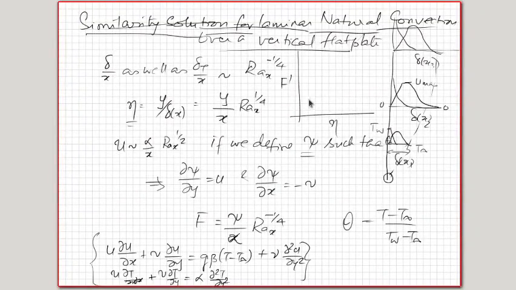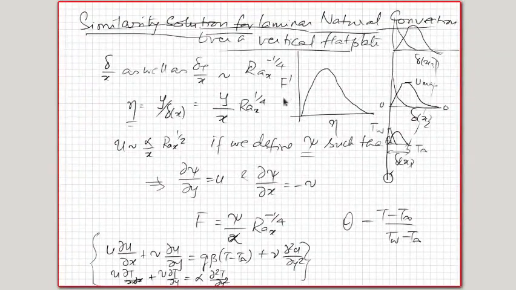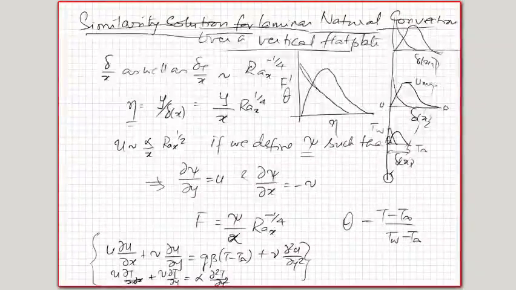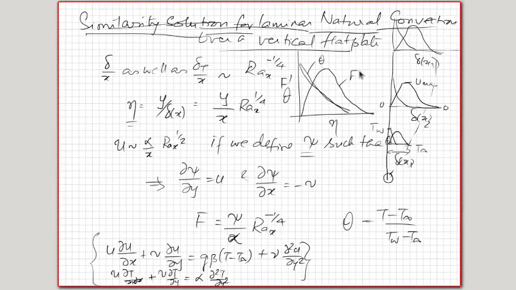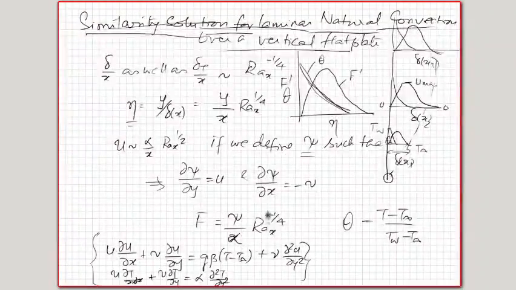So f prime versus eta will give me a velocity profile which goes something like this, and theta versus eta will have a profile which goes something like this. So this is the theta profile, and this is the f prime profile. This is basically what I expect. All of these get scaled on the eta scale, so it will come to this. This is what we mean by the similarity solution, and this is what we are trying to do.